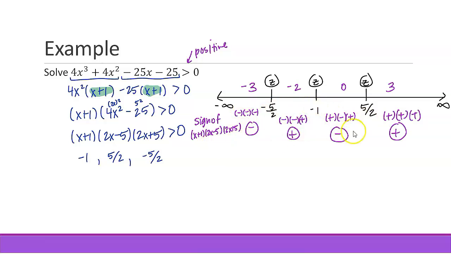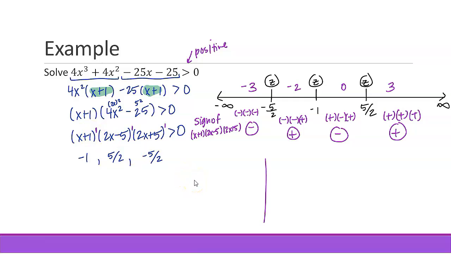So one of the things I want to tie this to is the concept of multiplicity. Each of these factors had a multiplicity of 1. So even though we're not graphing it, we're doing it with a sign chart, we can take the concept of multiplicity and think about what that means. It means that we're going to cut through the x-axis.